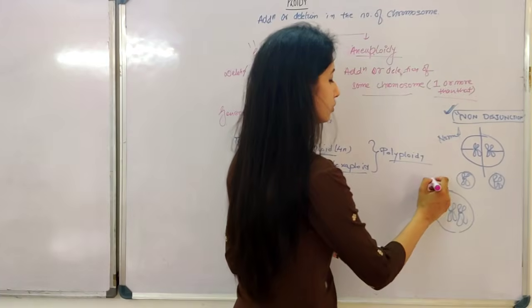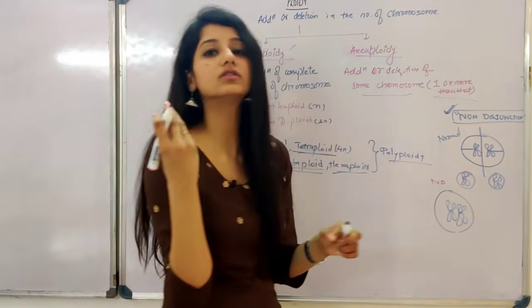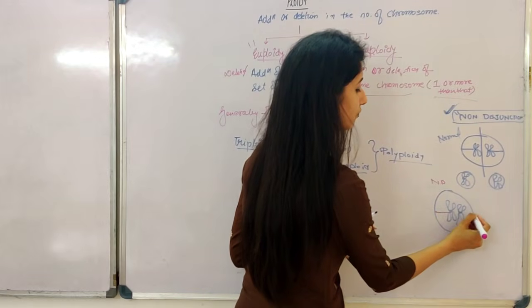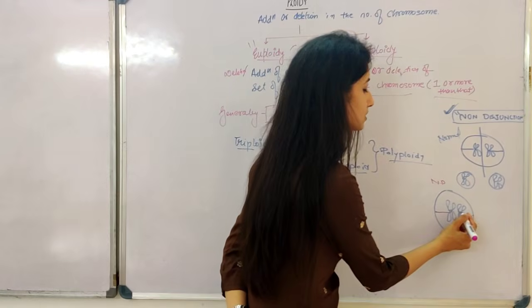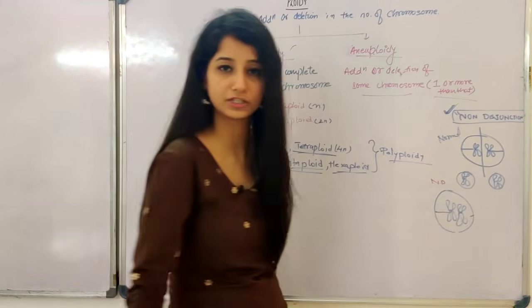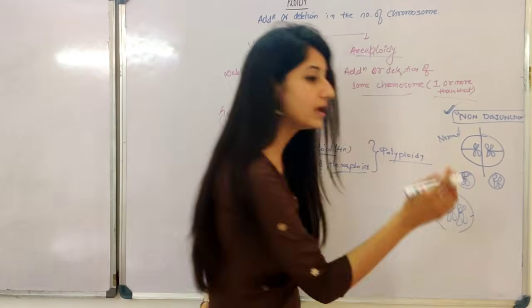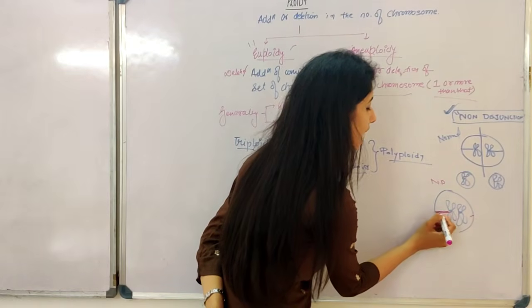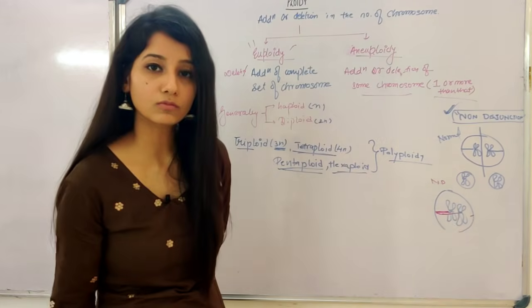Now let's talk about non-disjunction. What happens in non-disjunction? Due to some reason, one of the spindle fibers is not properly formed. So this chromosome is not attached to this. What will happen? This chromosome will be pulled by this spindle fiber, and this spindle fiber will pull this chromosome also.